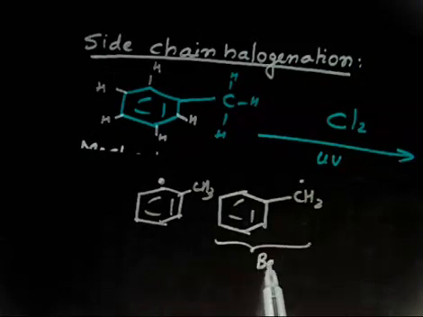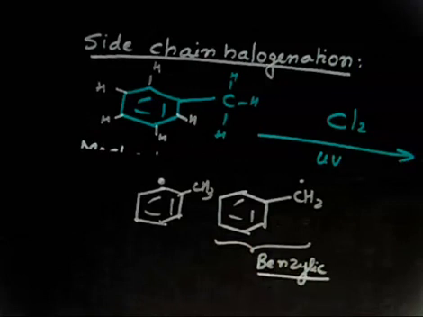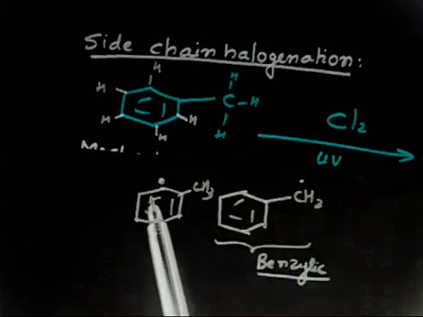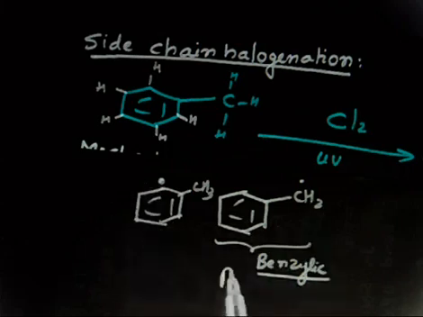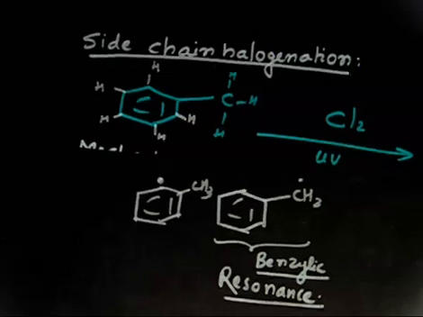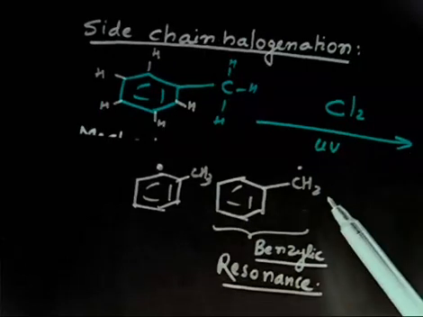So this is benzylic and this is stable. Did you agree or not? This is stable, but this is not so stable. This one is not in resonance, and this one is in resonance. Due to resonance, I will form the benzylic radical.